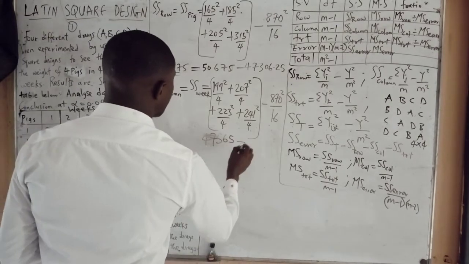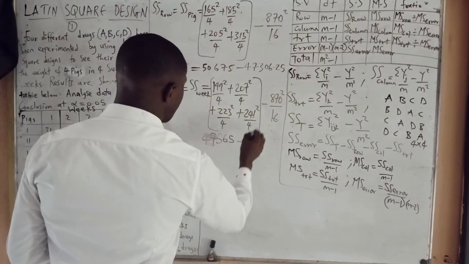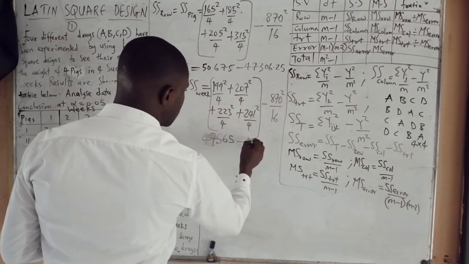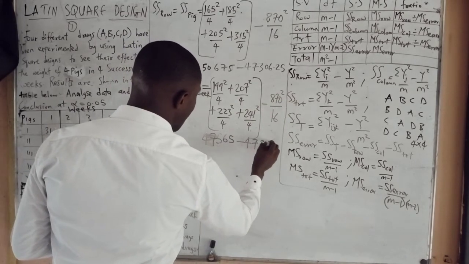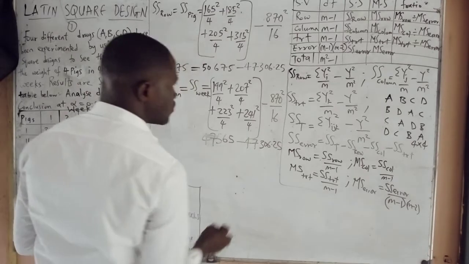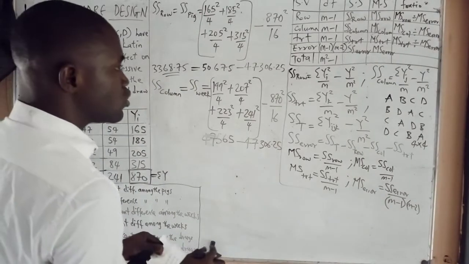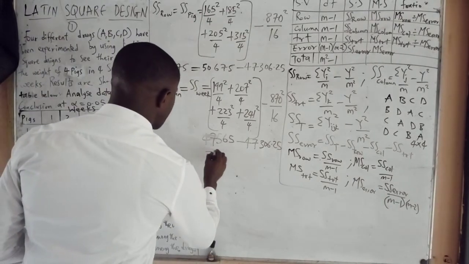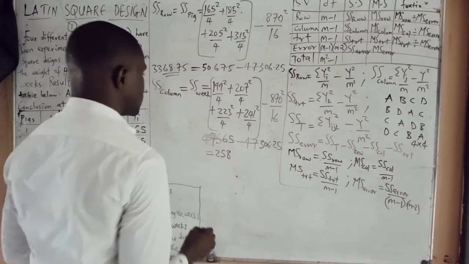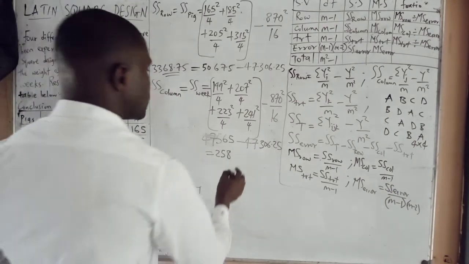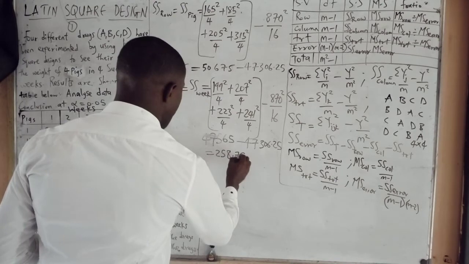Then minus 47,306.25. Then when you subtract the two, you will be having 258.75.